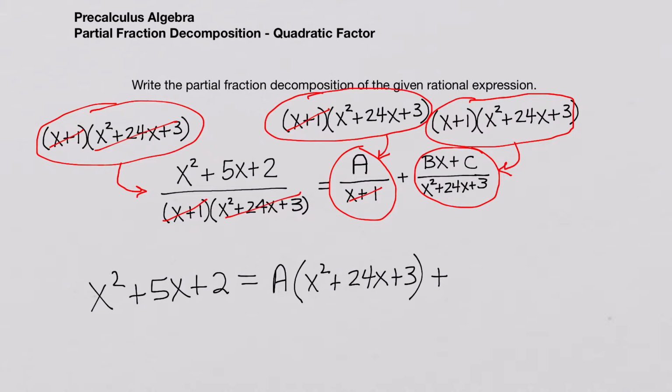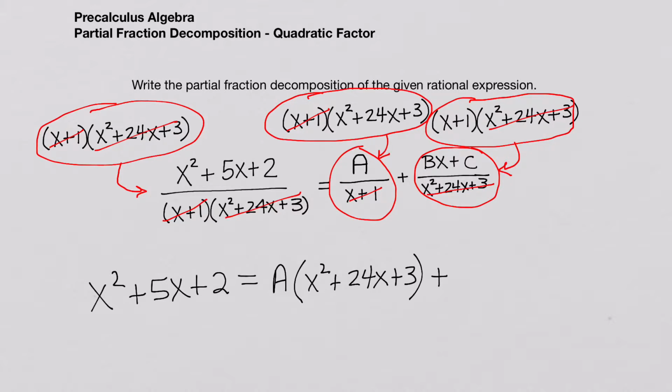So now I can do some canceling with my second term, bx plus c over x squared plus 24x plus 3. So that x squared plus 24x plus 3 cancels with the x squared plus 24x plus 3 factor that we just multiplied in.